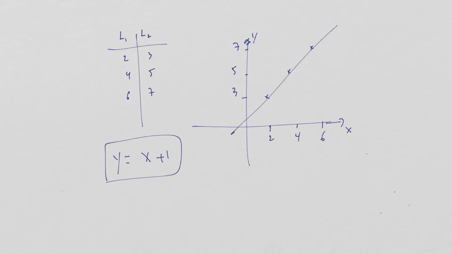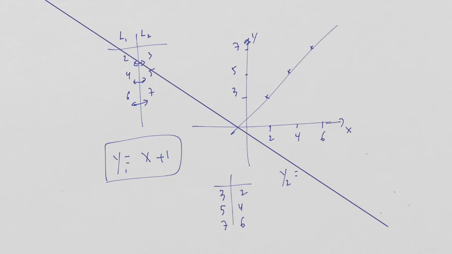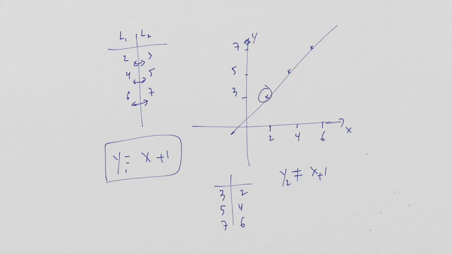Now, if I decide to flip-flop these points, so now you have 3, 2, 5, 4, 7, 6, I can guarantee you that the new equation of the line, let's call it Y2, is not going to be X plus 1. And I can guarantee you that even the scatter plots will look different.